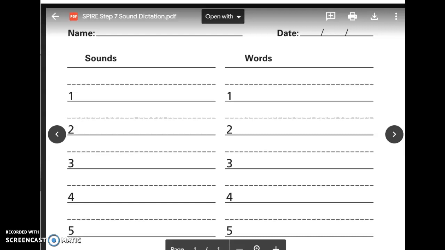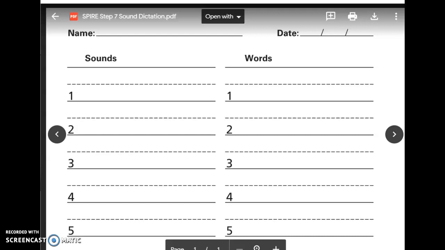Okay, so now we'll go back to this paper, and we're going to say bed. So then let's spell bed together. On that first blank, you should have written the letter E. This sounds like eh.